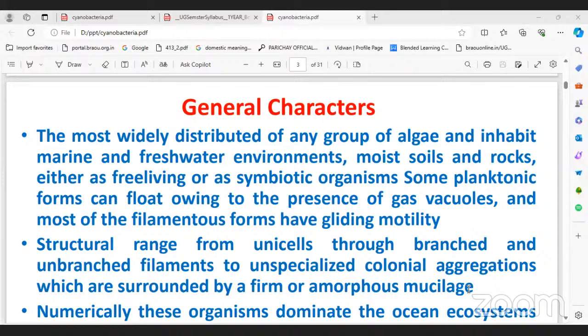Now, are you able to see? Yes, sir. General characters.